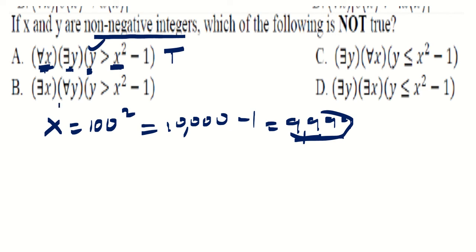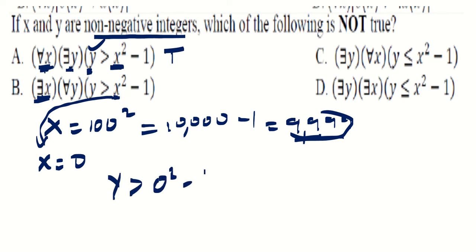Yes, we can find. When you go to B, there exists x such that for every y it works. Substitute one number x here, just fix the x, and then can you find for every y that the statement becomes true? For example, let's say x is equal to 0. If you substitute 0 here, y is greater than 0 squared minus 1, which is y is greater than negative 1.